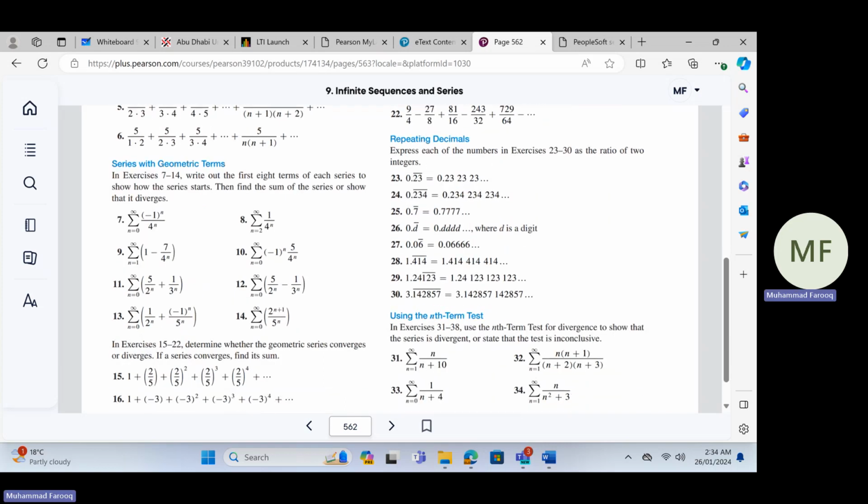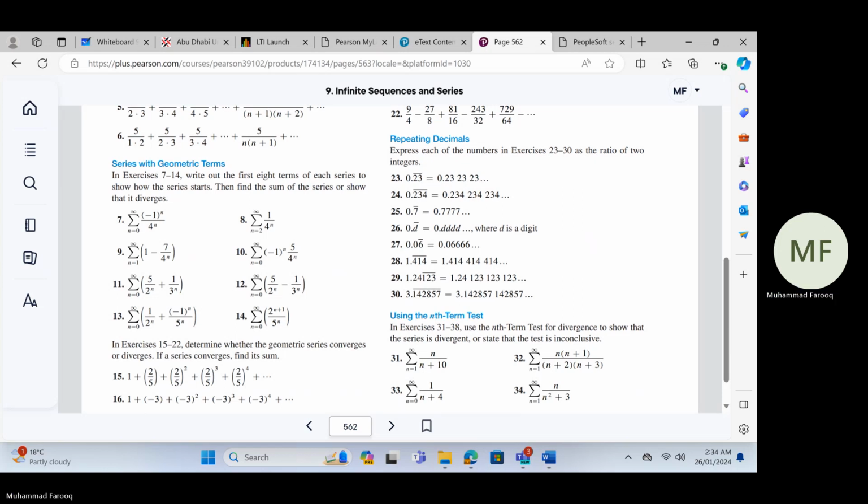Now here, 23 to 30. This is the second topic we are discussing now. It is an application of geometric series. From 23 to 30, these are repeating decimals, because the bar means the digits keep coming again and again, infinite times. You have to write the answer of this repeating decimal as a ratio of two integers, meaning you change the decimal to a fraction, with an integer up and an integer down, not any decimal place.